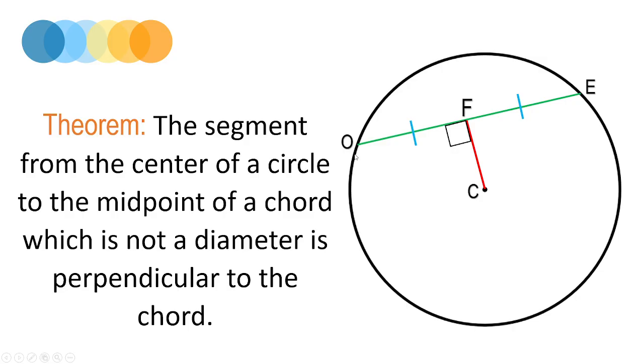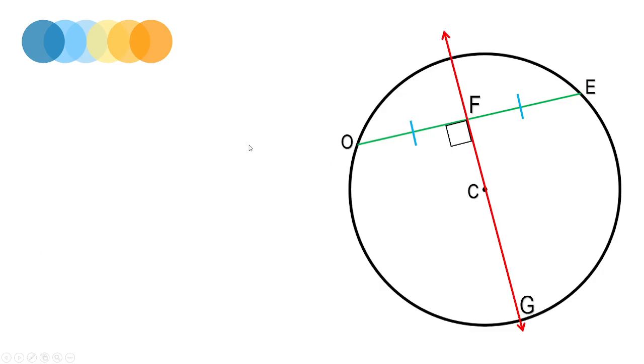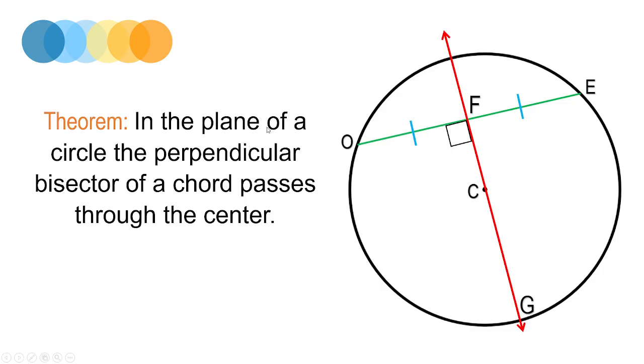Now for the third theorem. In the plane of a circle, the perpendicular bisector of a chord passes through the center. So the chord here, OE, and let's consider line FG as the perpendicular bisector. That means it is perpendicular to the chord, and at the same time it bisects the chord. So FO equals FE as indicated by the markings.